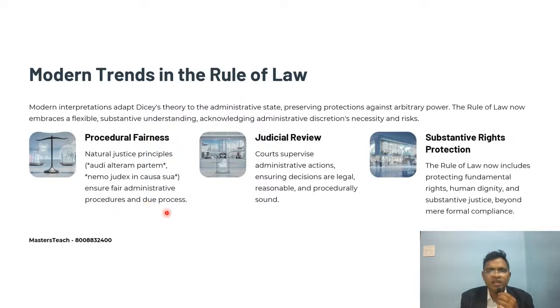Then judicial review: courts supervise administrative actions, ensuring that decisions are legal, reasonable and procedurally sound. Then substantive rights protection: the rule of law now includes protecting fundamental rights, human dignity, and substantive justice beyond mere formal compliance. So these are the modern trends in the rule of law.